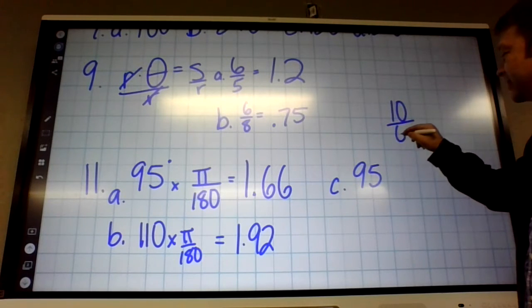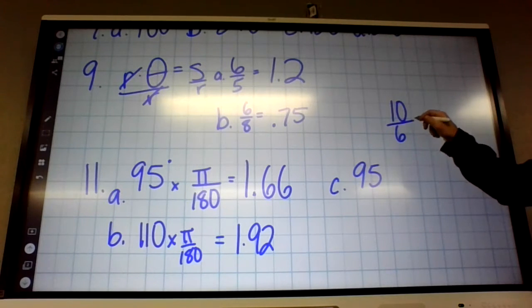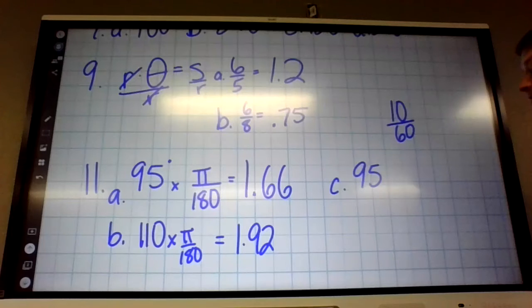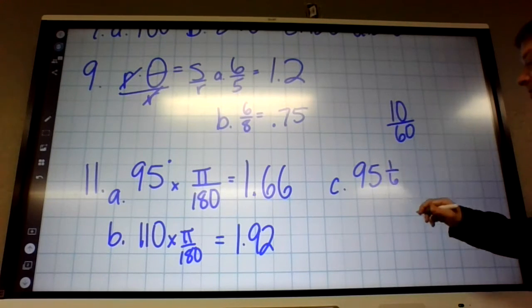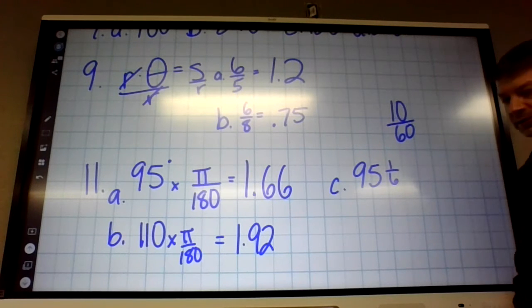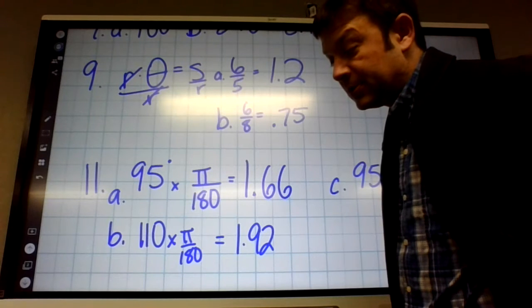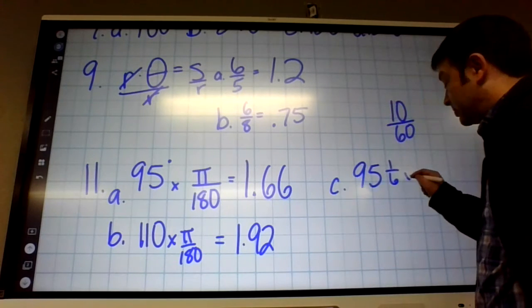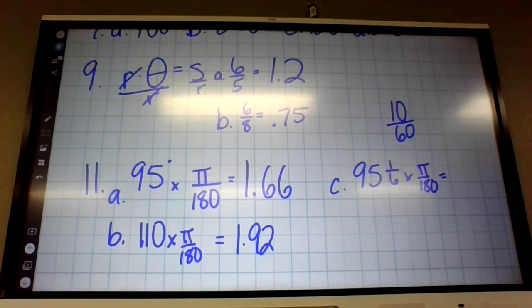Just like a minute is a 60th of an hour, 10 minutes is 10/60ths of a degree. So really it's 95 and 1/6 degrees. Then just do that times the converter, pi over 180. This is kind of weird because it's close enough to A that it actually rounds off to the same thing, even though the answer is slightly different.